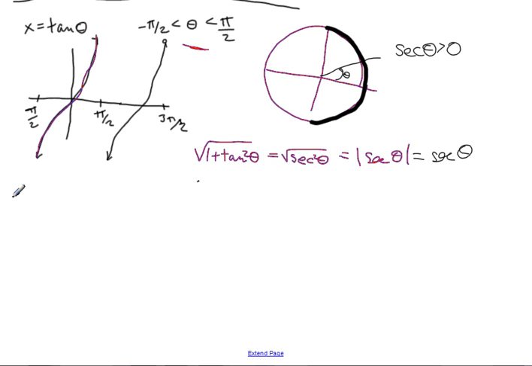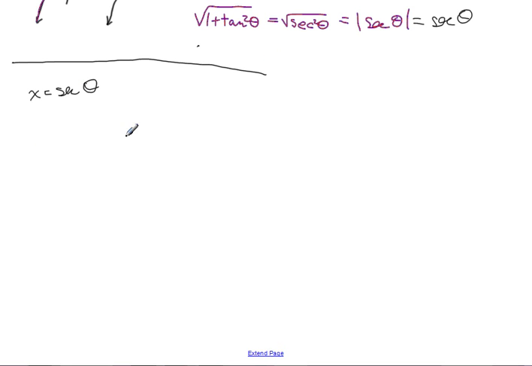And then finally, let's just look at secant theta. Now, if you recall, secant theta had a really weird restriction, x equals secant theta. Let's look at the graph of secant theta. It had asymptotes at pi over 2 and negative pi over 2 and 3 pi over 2 and so on down the road, right?